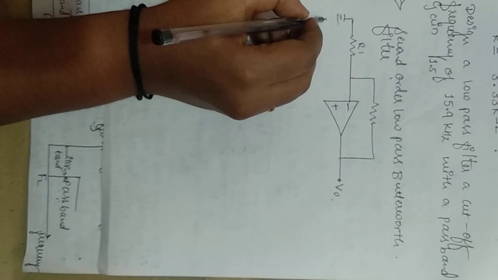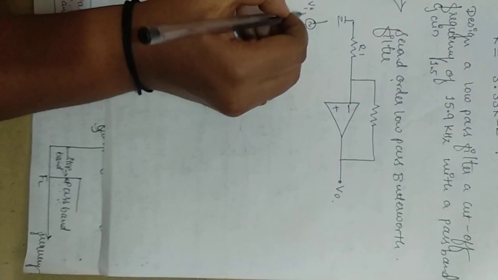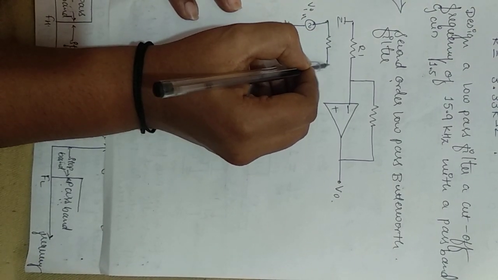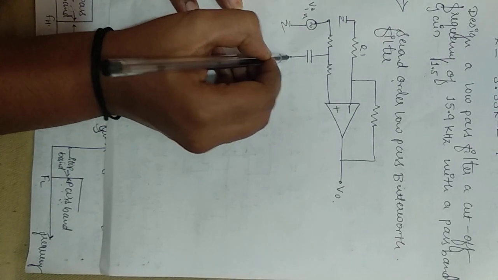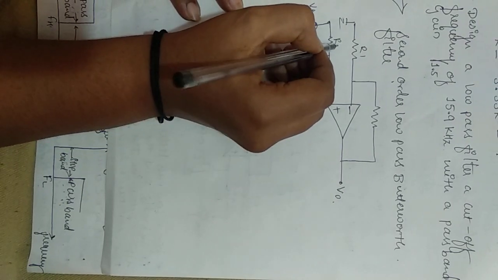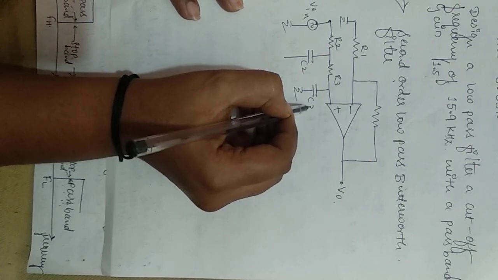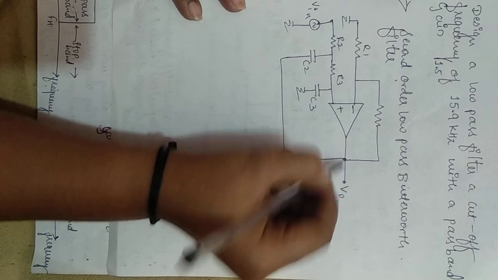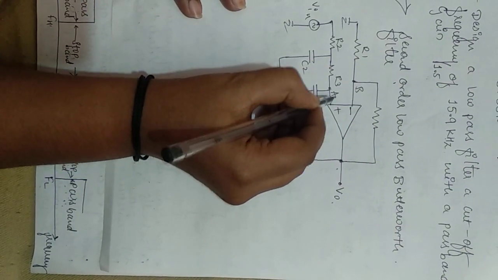Then this is your R2, R3, C2 and C3. This is the op-amp.